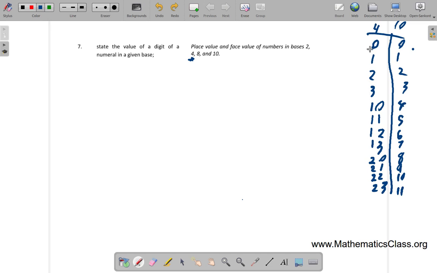Now, an example of a base 4 number could be 2301. Now let's look at the face value of each digit.